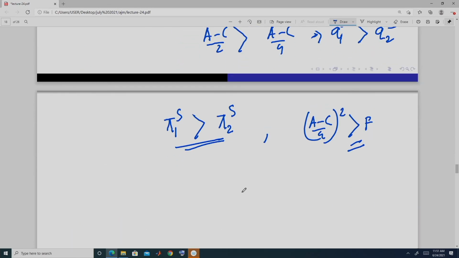Now, we get that if the firms are similar in terms of cost, then the firm which moves first, or decides output first, is going to earn a higher profit than the firm which chooses output later, in the second stage.